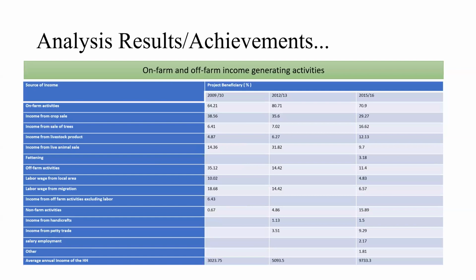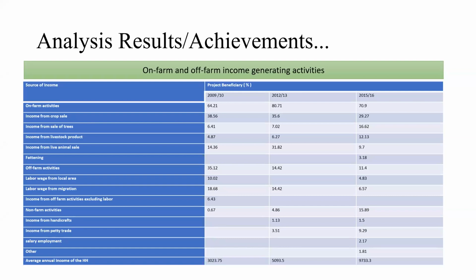All these really contributed to the income of the community residing within that watershed area. So, for example, income from crop sale increased from 38,000 to, from time to time, it is increasing to 17.9%.